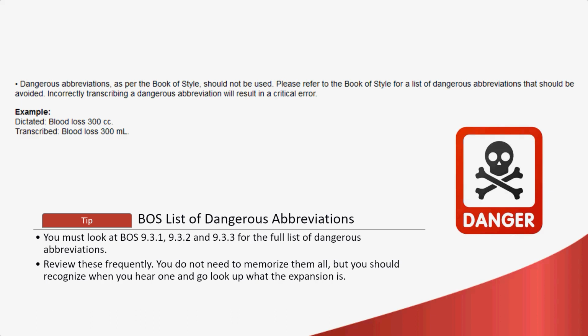So we expand them to something else. For an example, QHS, we would expand to nightly. The other thing I do see is oftentimes people will say, okay, QHS, I'm going to expand, but then they'll leave the Q in and they'll go Q nightly. Just take out the whole dangerous abbreviation and replace it with what the Book of Style says. So QHS, just write nightly instead.